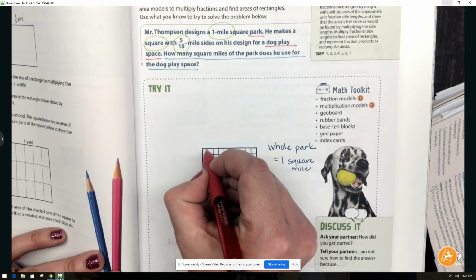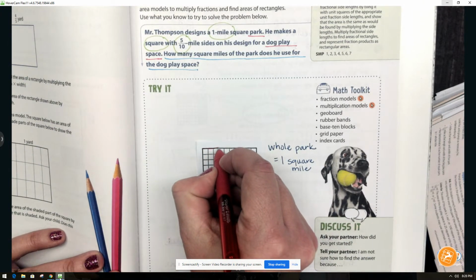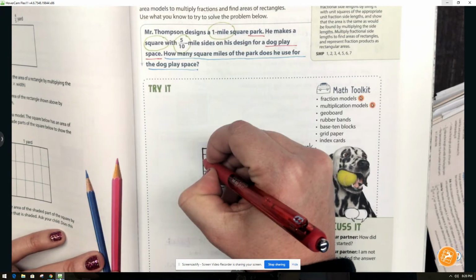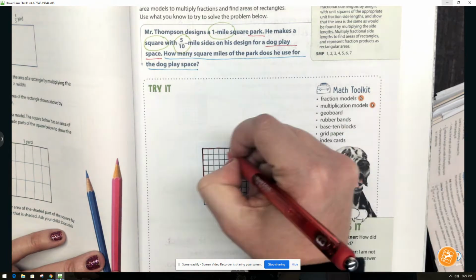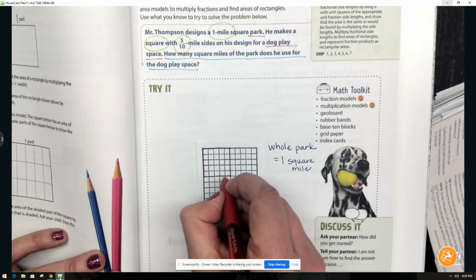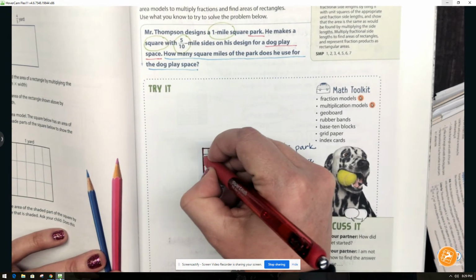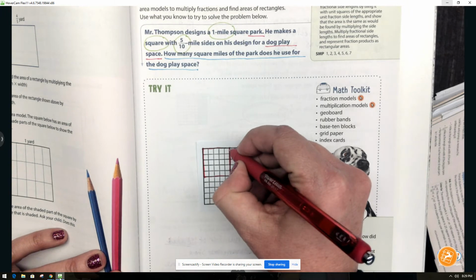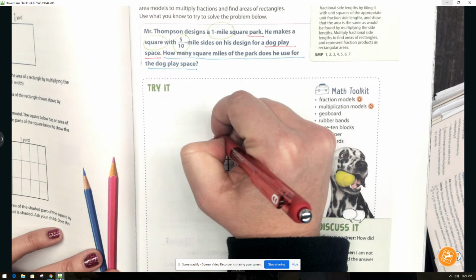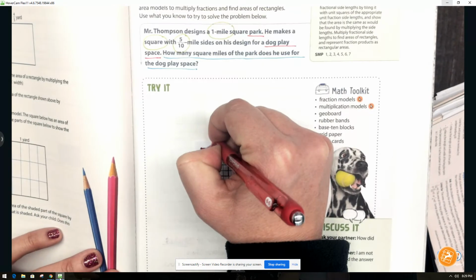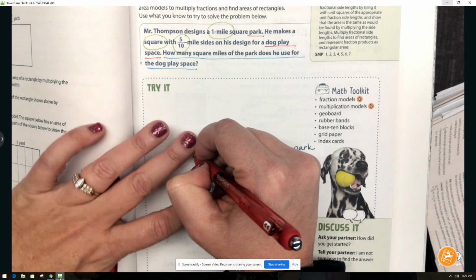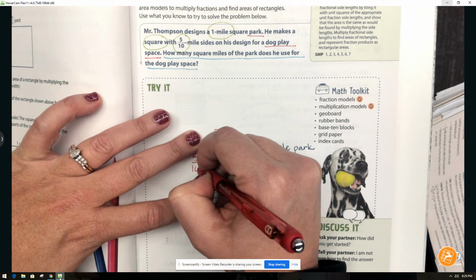So if we count over 1, 2, 3, 4, 5, and we count down 1, 2, 3, 4, 5, and then we fill in that square. There we go. What that square shows us is one side is 5/10, and the other side is 5/10.